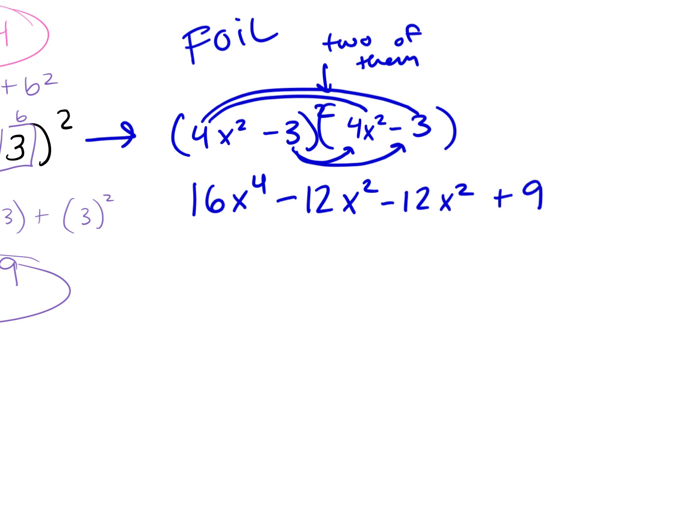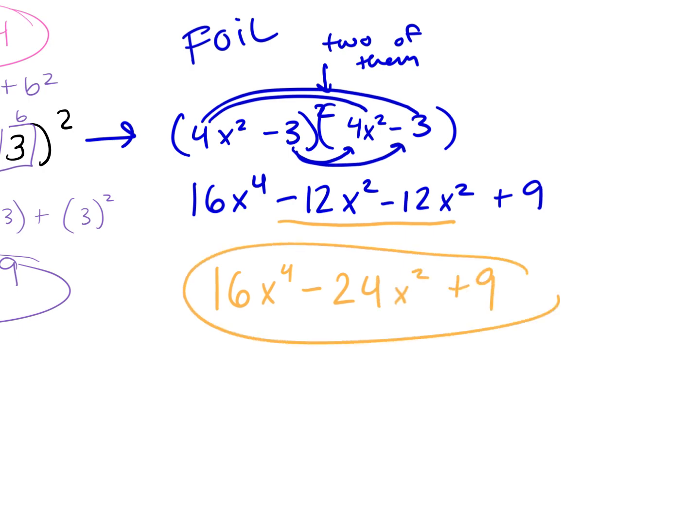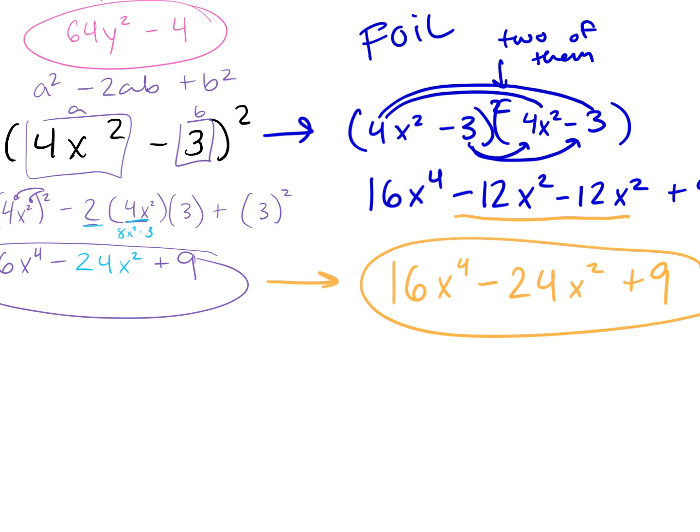Positive 9. And then when we combine our like terms, so we start with 16x to the 4th power, what would come next? Negative 24x squared plus 9. Did we get the same answer? For 24x squared, I got 24x to the 4th.